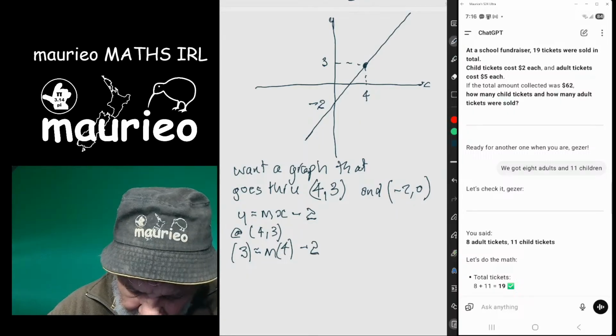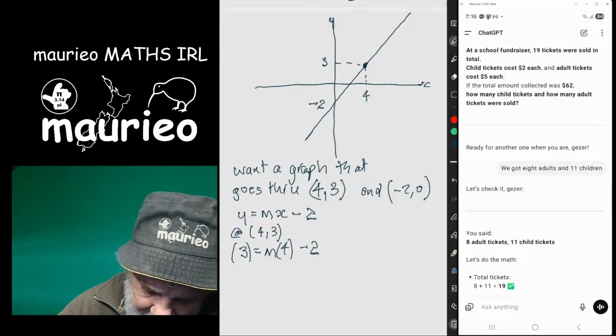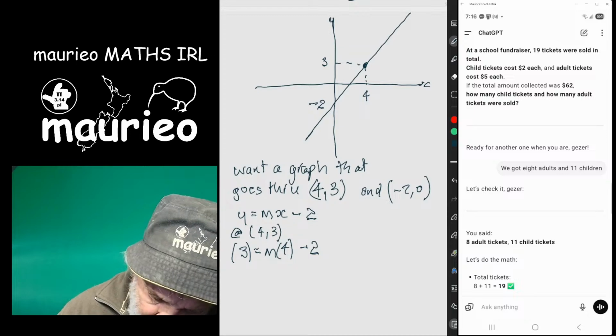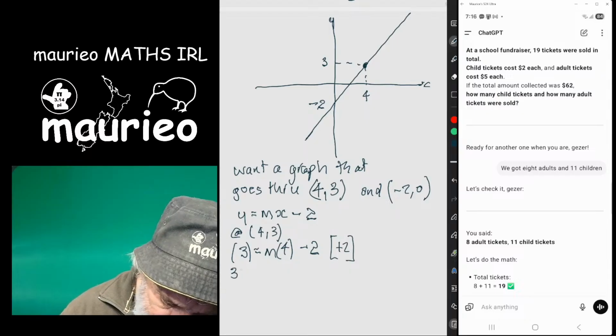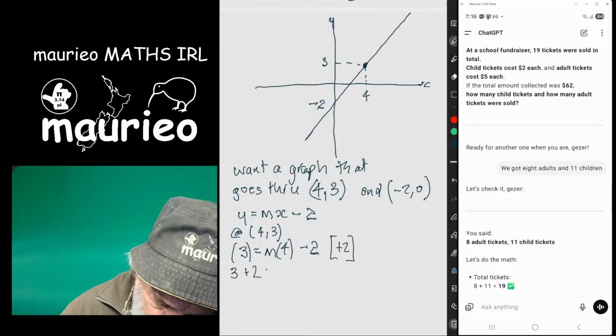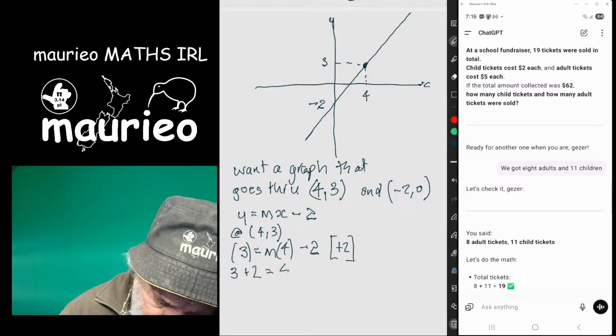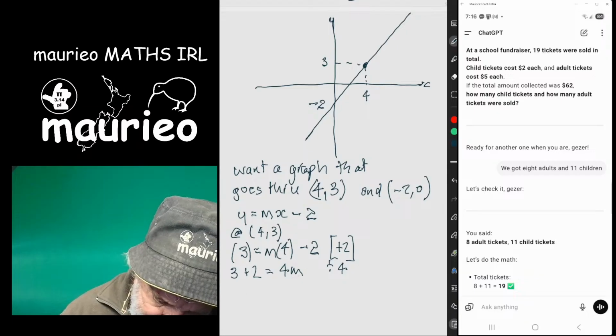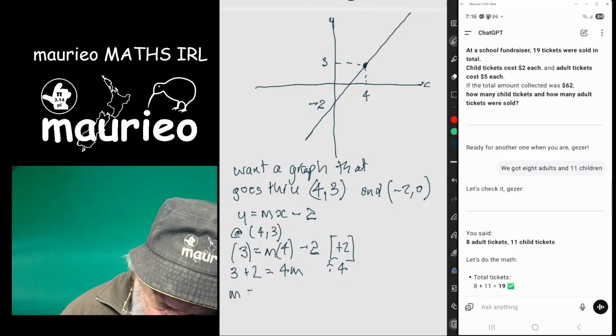And so we now get, we can manipulate this, we can add 2. So we get 3 plus 2 equals 4m. We can divide by 4, and we get m equals 5 over 4.